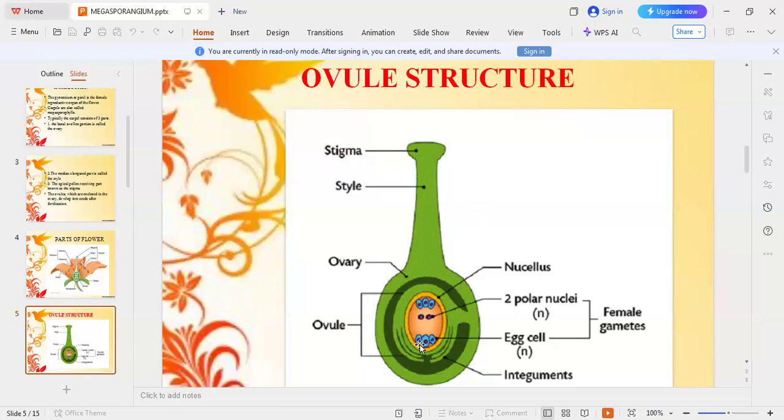In this center portion, we know that this is the egg or embryo. The carpels are modified leaves which can bear the ovules, and they are also called the megasporophylls. In the same way, pollen grains are borne on the microsporophylls, and the ovules are borne on carpels, which are also called megasporophylls.